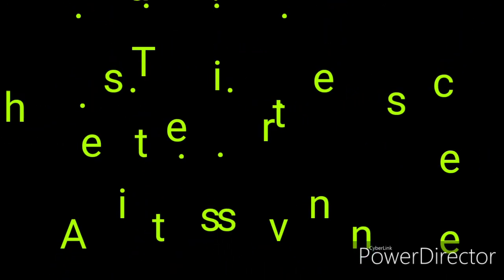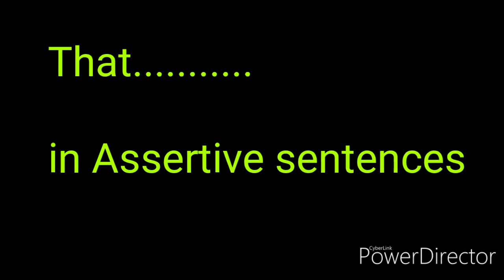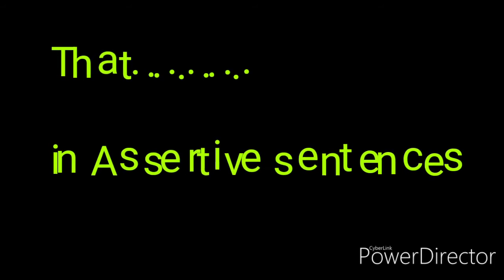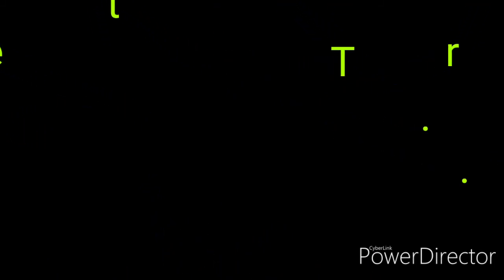That connector is used in assertive sentences. Assertive sentences are of two kinds. First one, affirmative or positive sentences, and second, negative sentences. So in affirmative and negative sentences, we use that connector.